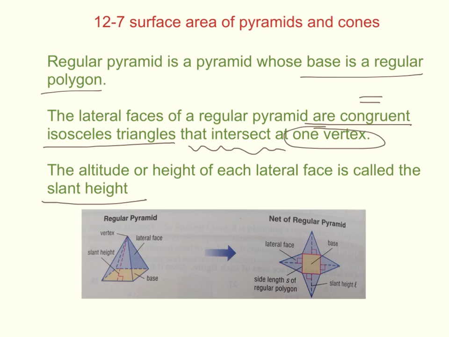To the right here is a picture of a net. This is when you take the three-dimensional picture and make it a two-dimensional object. So you draw what it would look like. And if you imagine folding this net up along the red lines, it would fold up to be a pyramid.